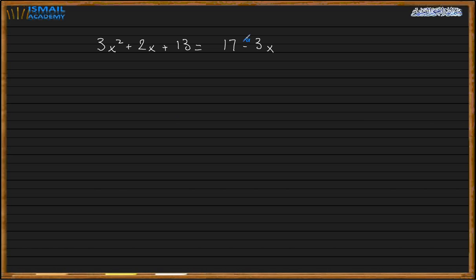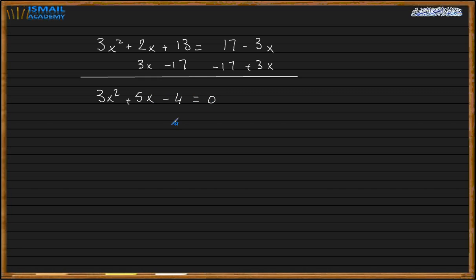Like I said, first move all the numbers from one side to the other side. So I will minus 17 plus 3x both sides. So it's going to be 3x minus 17. Now we'll end up having 3x² + 5x - 4 = 0.